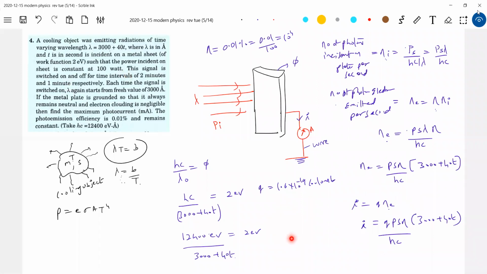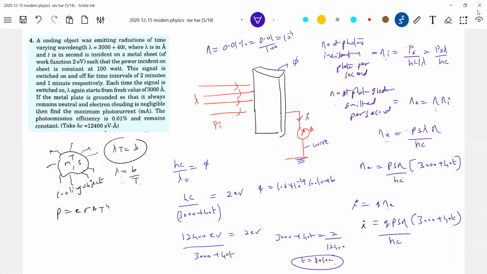It is better to calculate the time to be on the safer side. T equal to 80 seconds. This T I'll substitute. That is the maximum current.